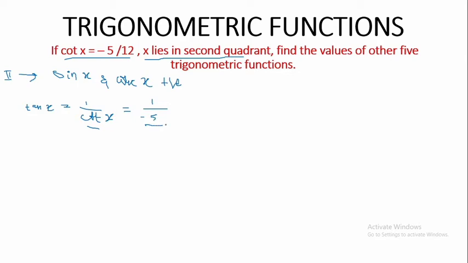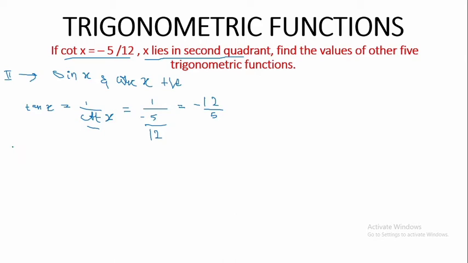Here the 12 would go to the numerator. So we'll get the answer as minus 12 by 5. So we got the value of tan x equal to minus 12 by 5.